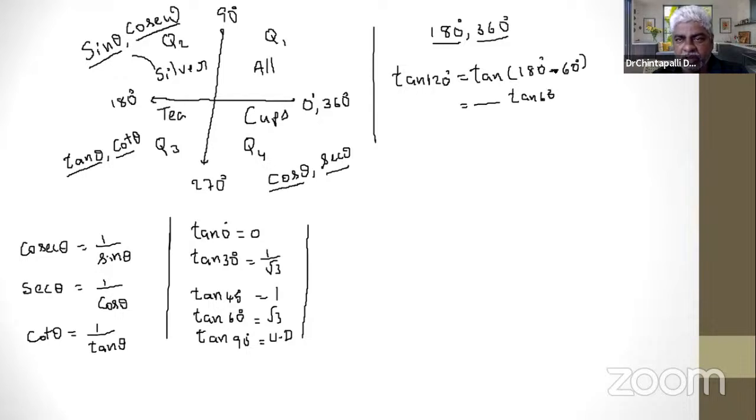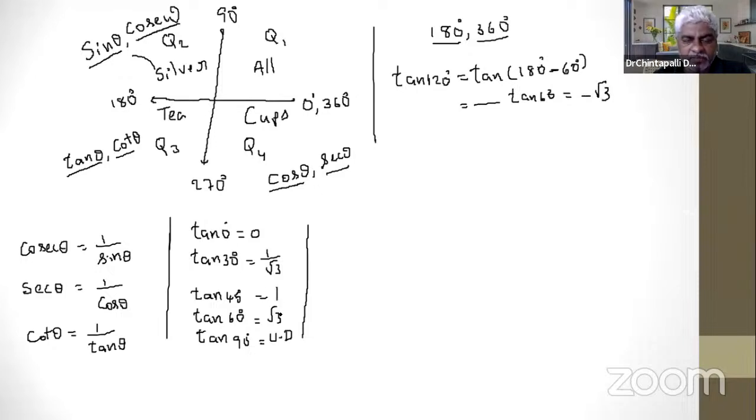Don't consider this negative. Actually, 180 degrees minus 60 degrees is used only to identify the quadrant. To identify the quadrant, we use this calculation. So finally, its answer is minus tan 60, which is minus root 3.